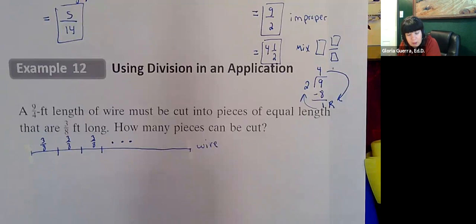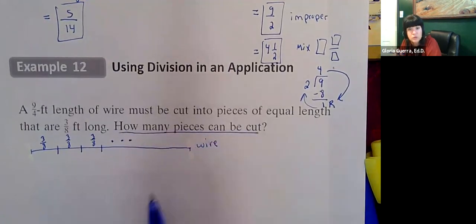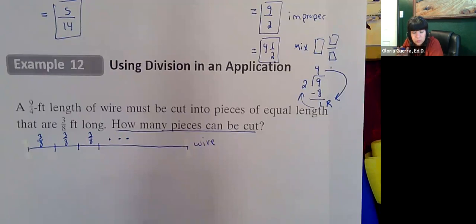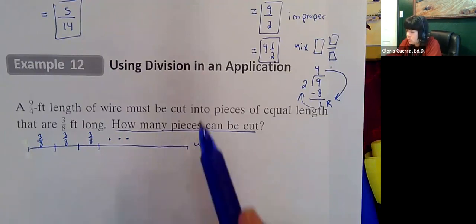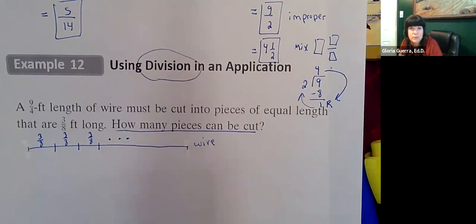You just don't know how many pieces can be cut. So to find your answer, you want to use division. You want to divide this into equal pieces.